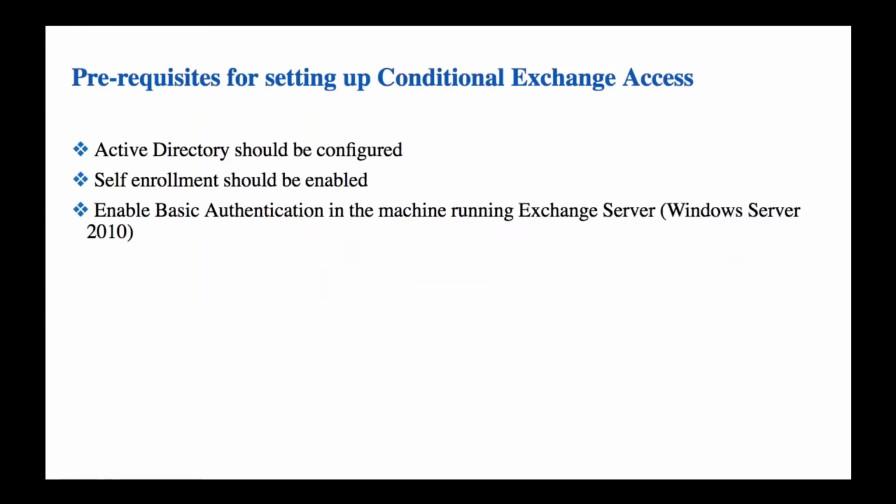So what are the prerequisites that are required for setting up this conditional Exchange access? The first is we need to have our Active Directory configured. The next is we need to enable self-enrollment. I will tell you why this is an important step. The third, if the user is making use of Windows Server 2010, they need to enable basic authentication in their machine.